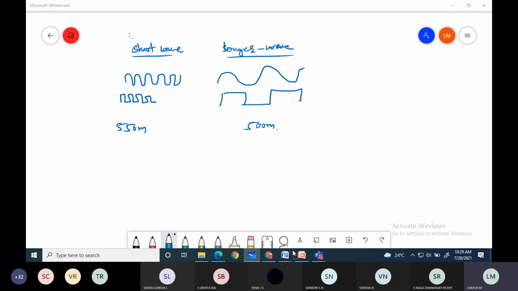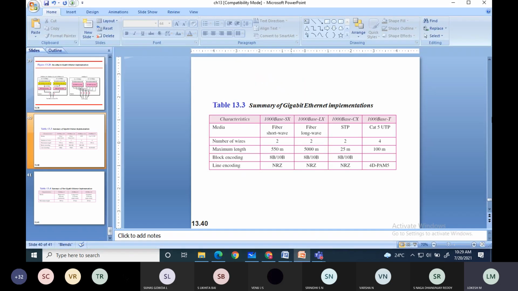This is the way the distance works, which gives fiber short wave and fiber long wave. STP means shielded twisted pair, which has a cover. When you see the copper, the electrons, the current, is passing.